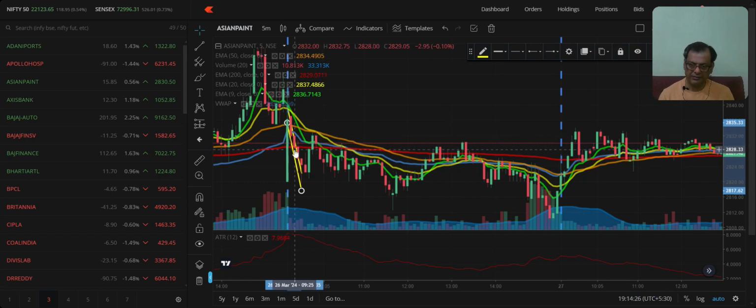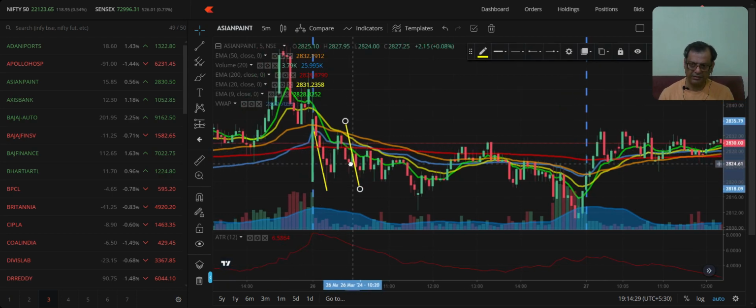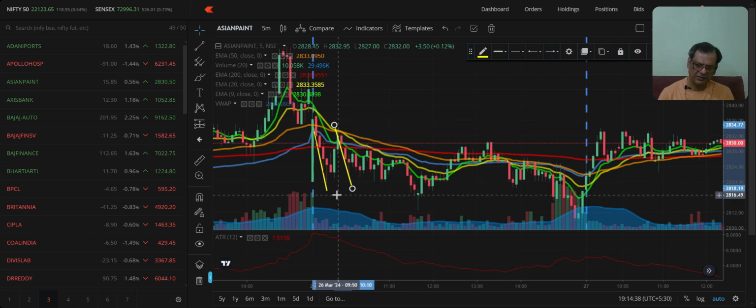And then you have another leg down. Here you've got another leg down, almost identical, not exactly, but it didn't go down to that low. And then again you have a green candle here. And since it's below the EMAs, you can't think of going long.